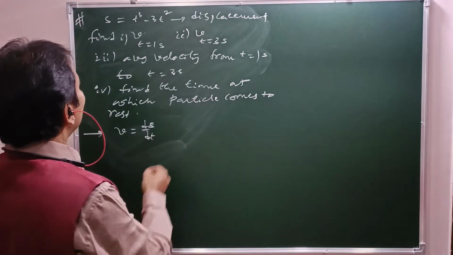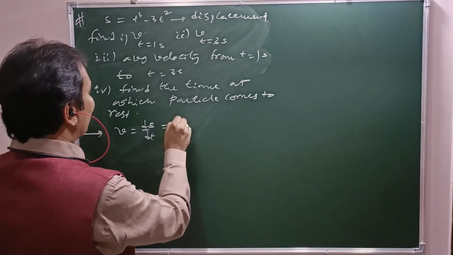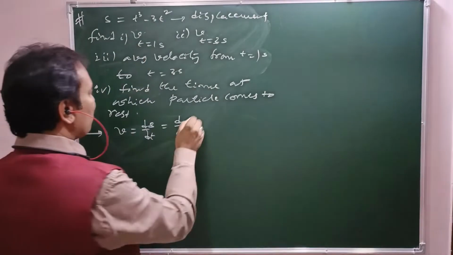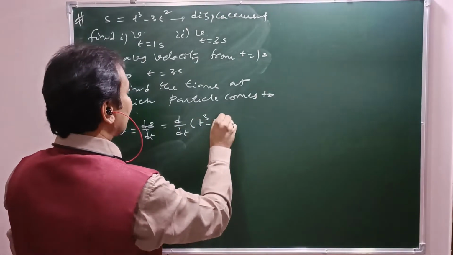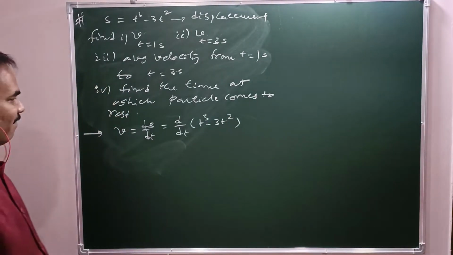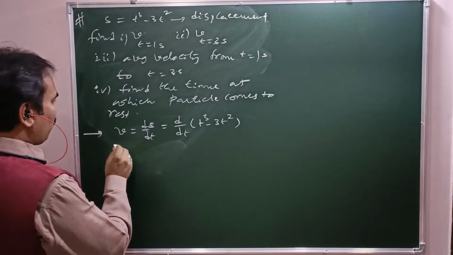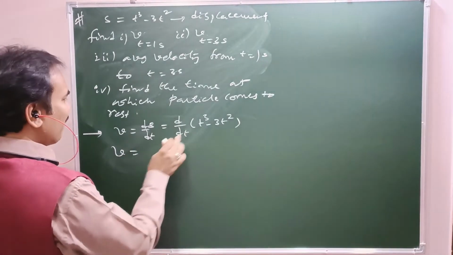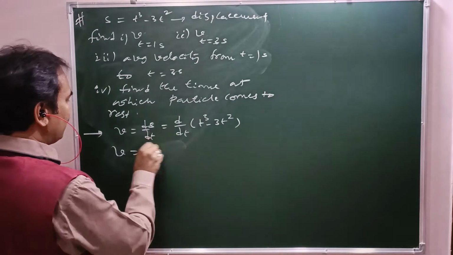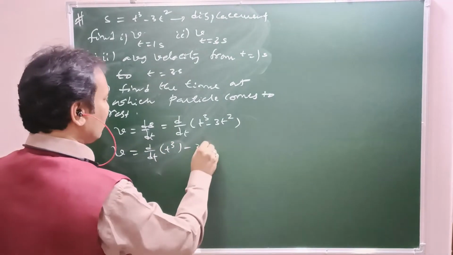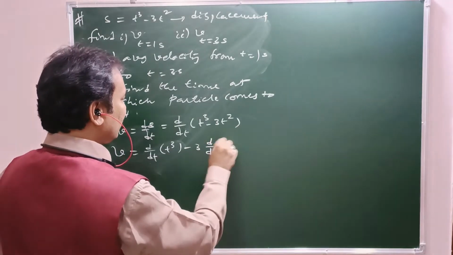Therefore v equal to ds by dt, that is d by dt of s, meaning d by dt of t cube minus 3t square. So v equal to d by dt of t cube minus 3 into d by dt of t square.